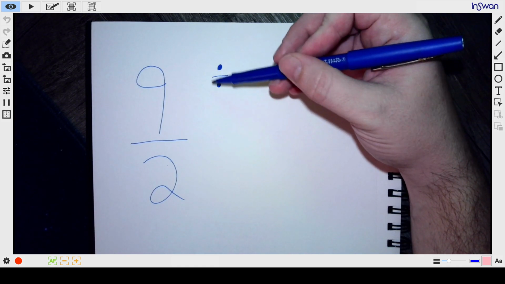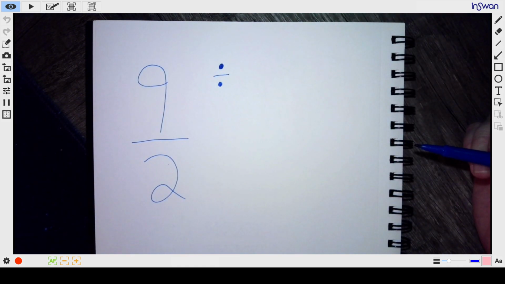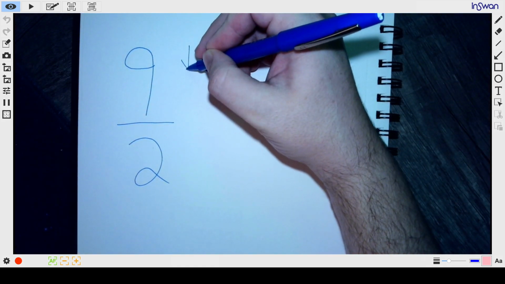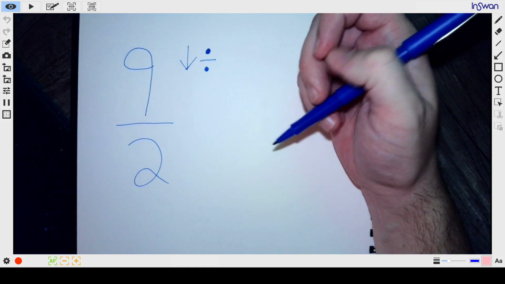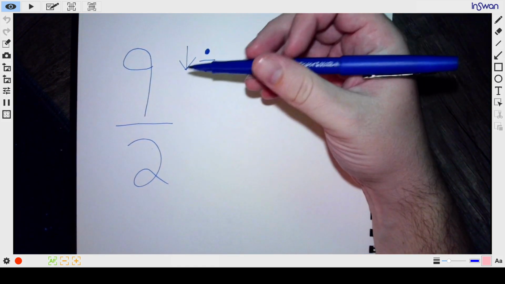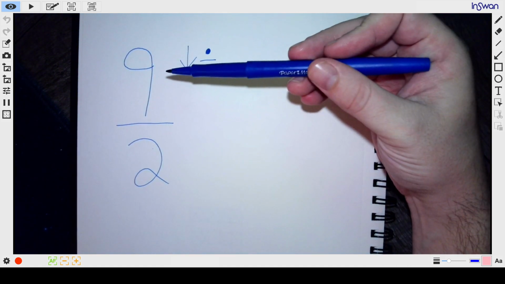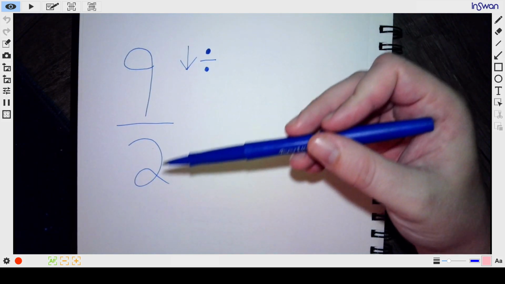Just to help you remember that when you are working with fractions, you are working with division at the same time. So you always divide down. So you start at the numerator and you divide the denominator. So 9 halves says 9 divided by 2.